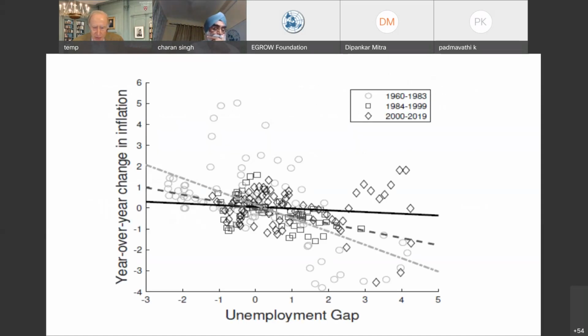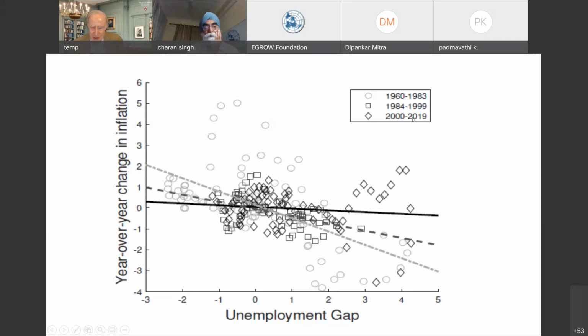Here's a set of recent regressions, and as you can see, if you estimated the Phillips curve on a sample from 1960 to 83, you get this nice gray downward sloping line. If you estimate it on the sample of the next 15 years, you get this more heavily dashed line in which the curve flattened.